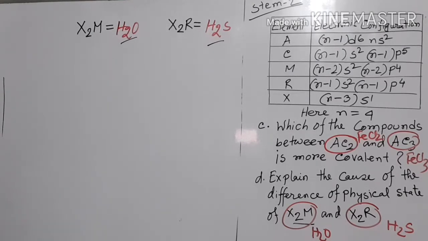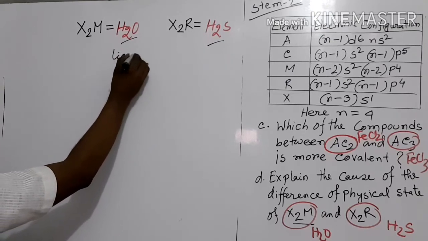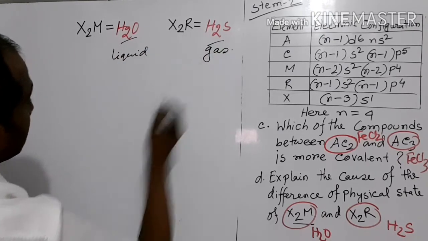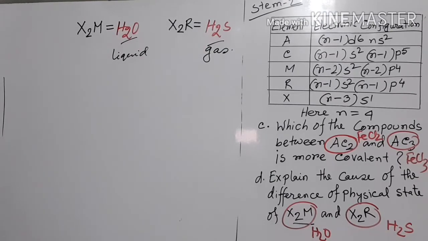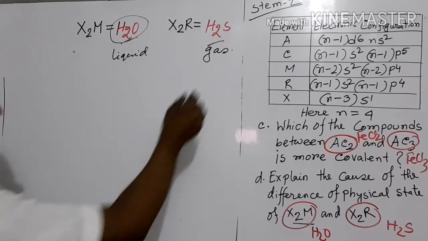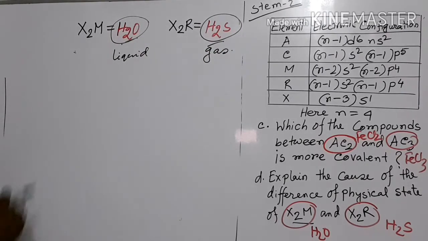Both have similar properties, but at room temperature H2O is a liquid but H2S is a gas. Because H2O is a polar compound but H2S is a non-polar compound.